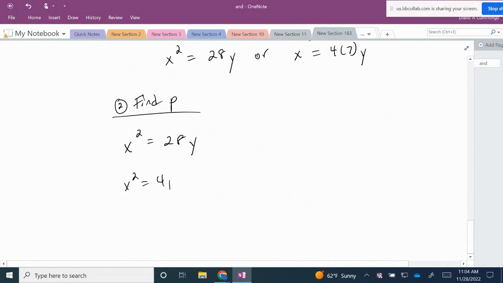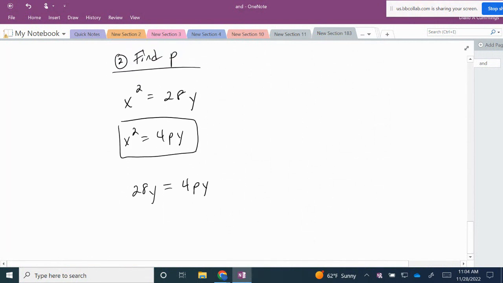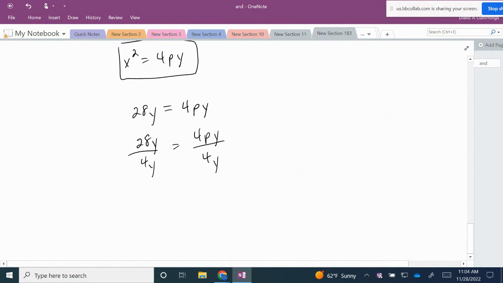X squared is equal to 4 times p times y. So I'm going to set 28y equal to 4py using that transitive property. In order to solve for p, I'm going to divide both sides by 4y. On the left-hand side, I have 7. And on the right-hand side, I have p.